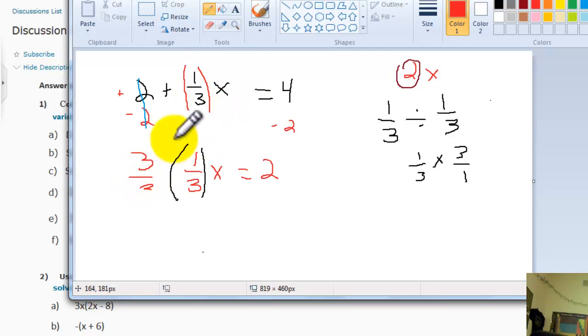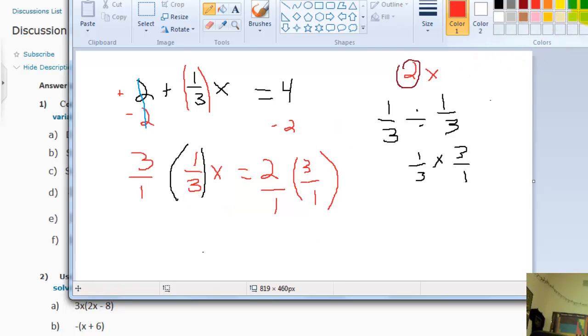You multiply both sides by what's called the multiplicative inverse. Just flip it upside down. And remember, any whole number is over 1, so you multiply both sides by the flipped fraction.